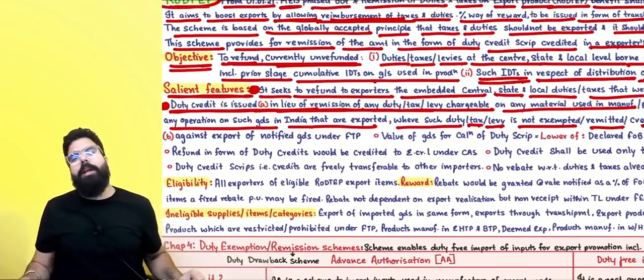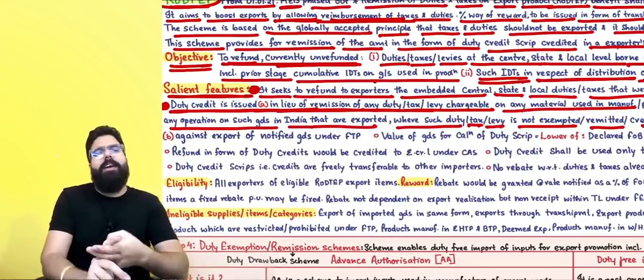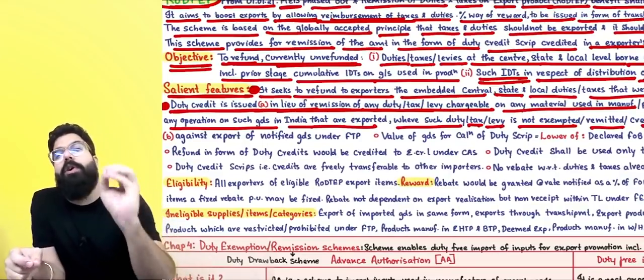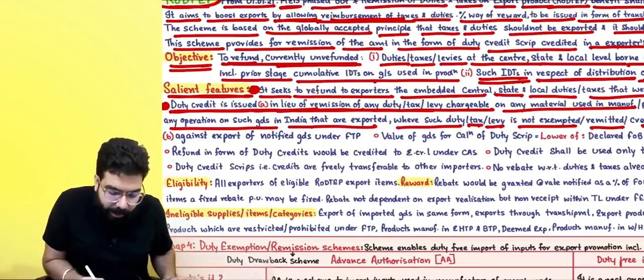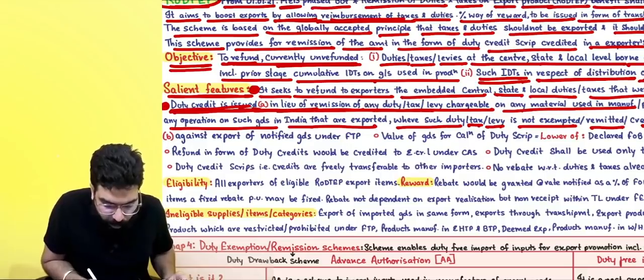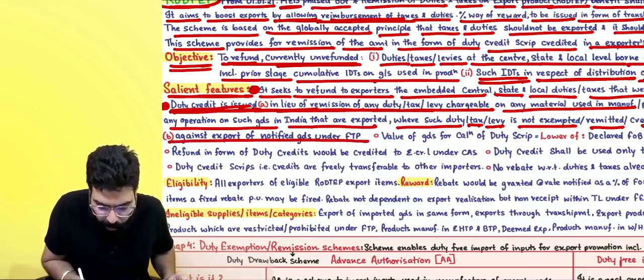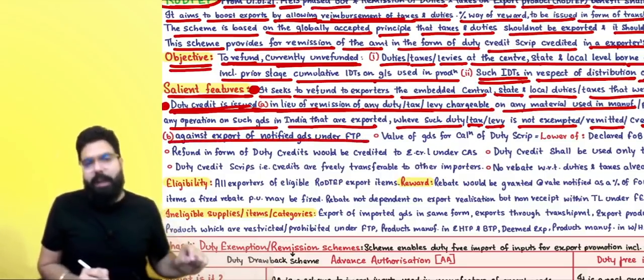In that scenario, whatever duties, taxes you have paid, we will give you scrips. Okay. Then duty credit scrip is issued, point B, against export of notified goods under FTP.